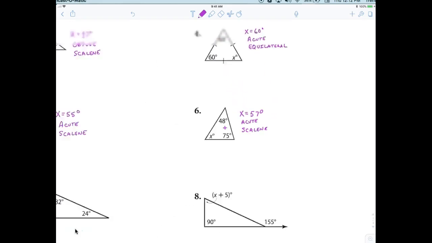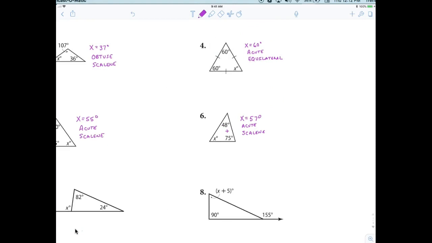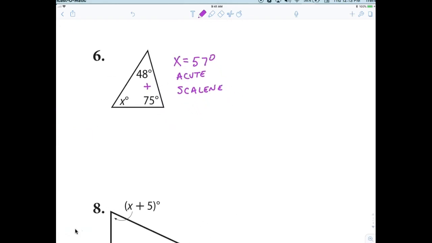So when you add 48 and 75, all right, you're going to get 123 degrees. All three angles have to add up to what? So how do I get the missing angle?